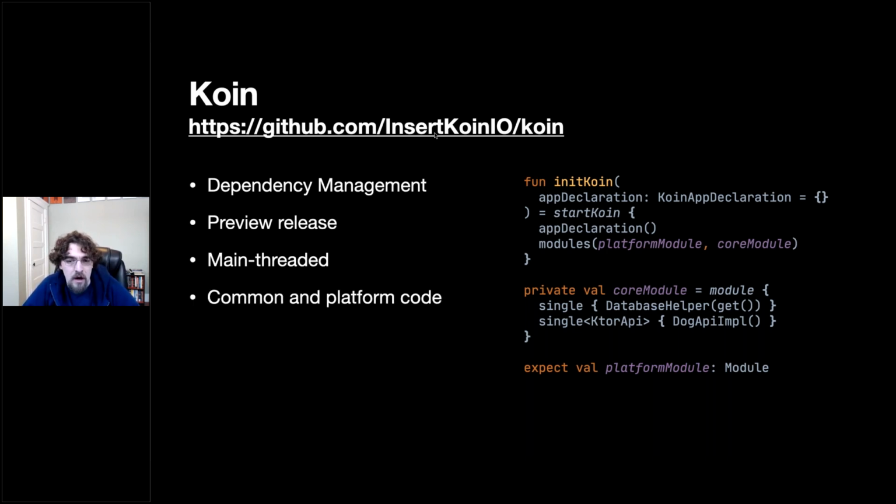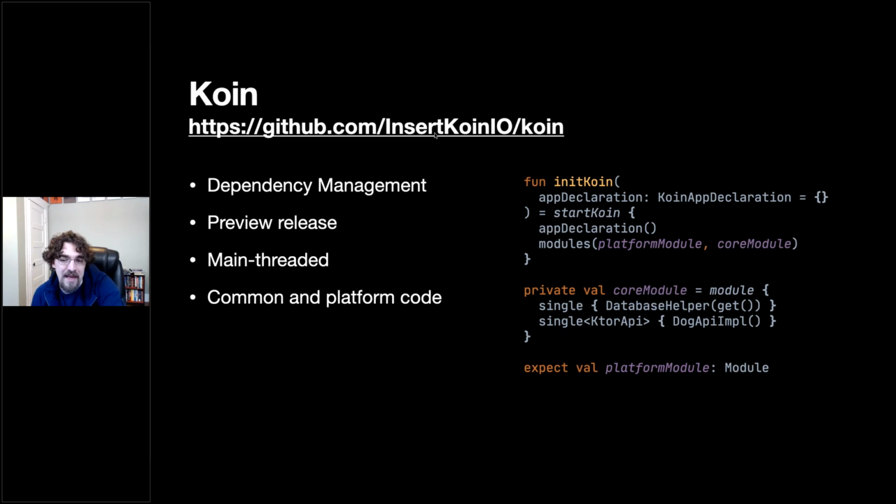And within our usage of it in GamKit, we have a couple of different integration points across common and platform code. Within Koin, you can inject dependencies at different levels. So we have the core module, what you see in the middle here, that passes dependencies that only need to be configured from common.